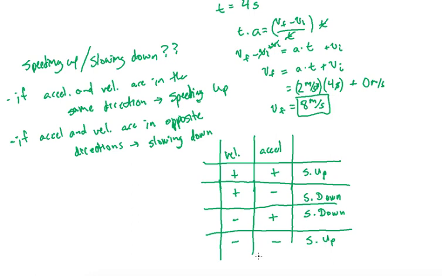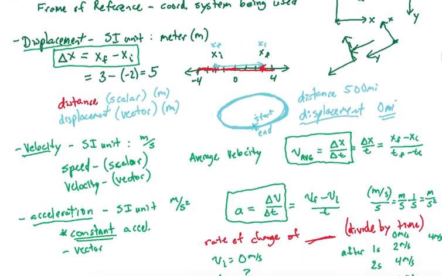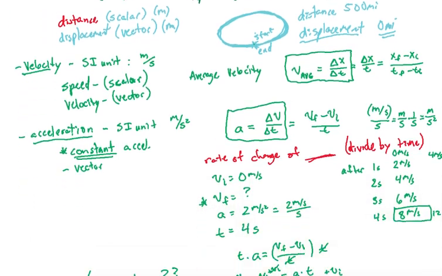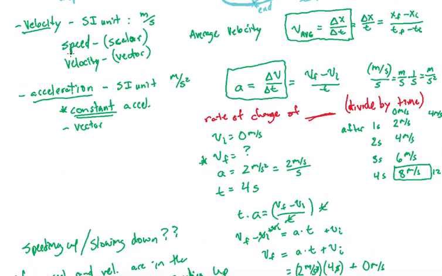All right? Spend some time thinking about this and try and get all of this to reconcile in your head. Just remember that you have to pay attention to, one, your frame of reference, where your zero coordinate is set, displacement, a vector, so it has a length and a direction, and then distance is just a scalar, and then velocity is a vector as well, and it's got a counterpart scalar version called speed, and we use this equation for it.